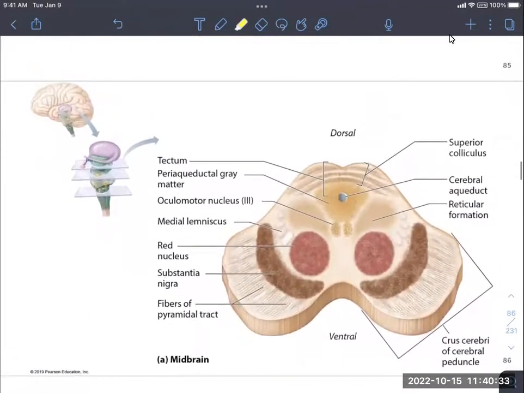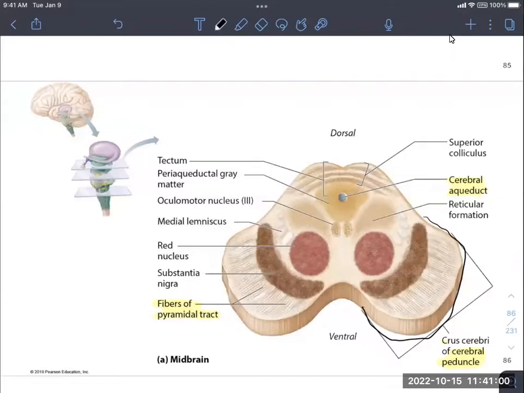So here is our midbrain, a nice midbrain slice. We see that cerebral aqueduct that connects that third and fourth ventricle. Then we have those fibers of those pyramidal tracts. You see, this is a cerebral peduncle, this whole bulge that comes out.